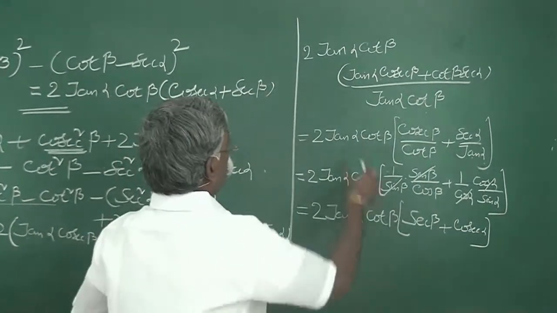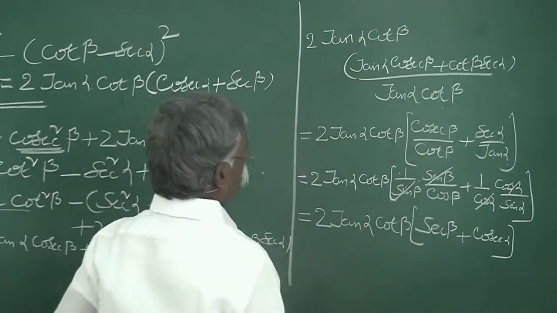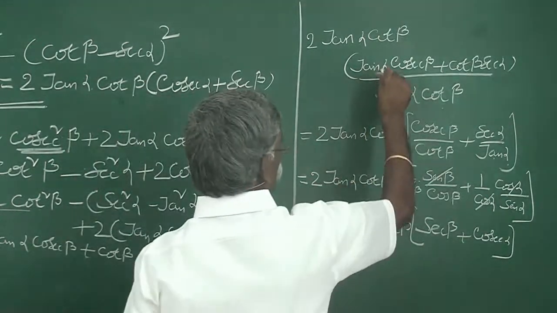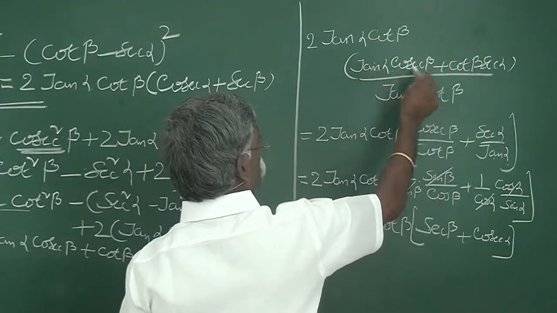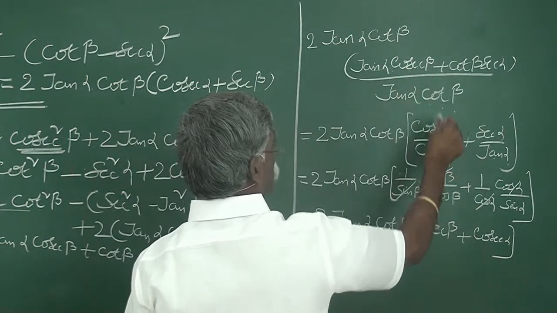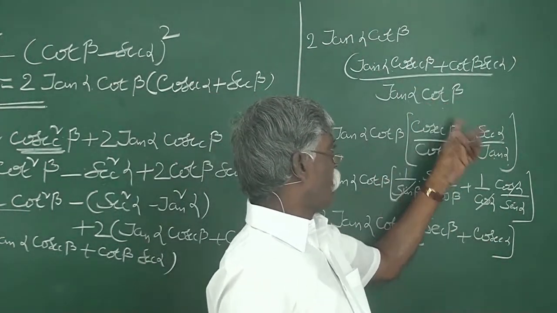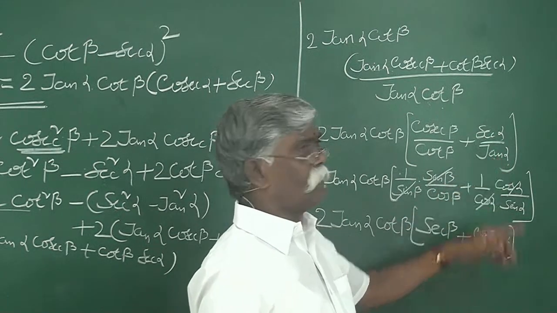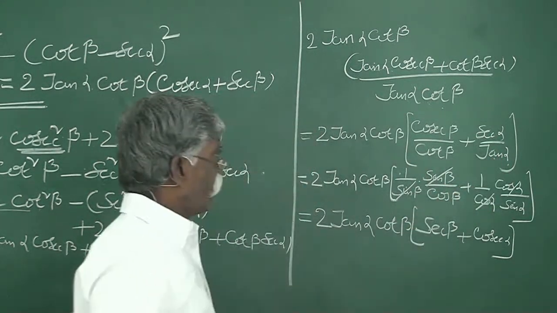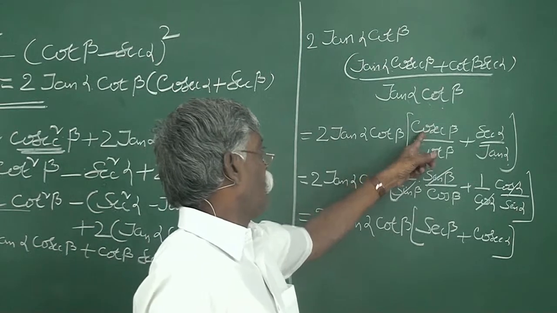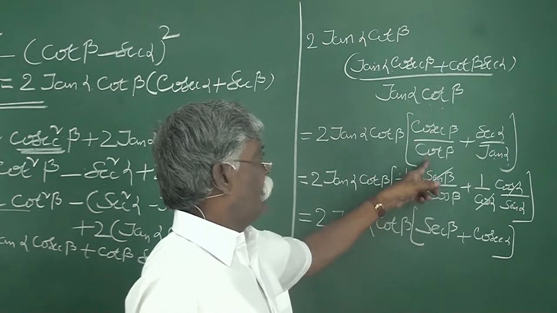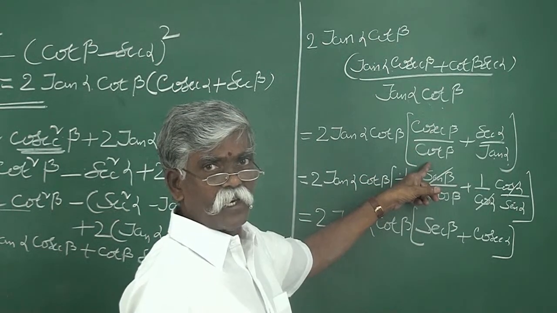Now this 2 tan alpha cot beta is here, and when we split this, these 2 by this means tan gets cancelled, cosecant beta by cot beta. This by this cot gets cancelled, secant alpha by tan alpha. Now we have written cosecant beta as 1 by sin, and cot is cos by sin.